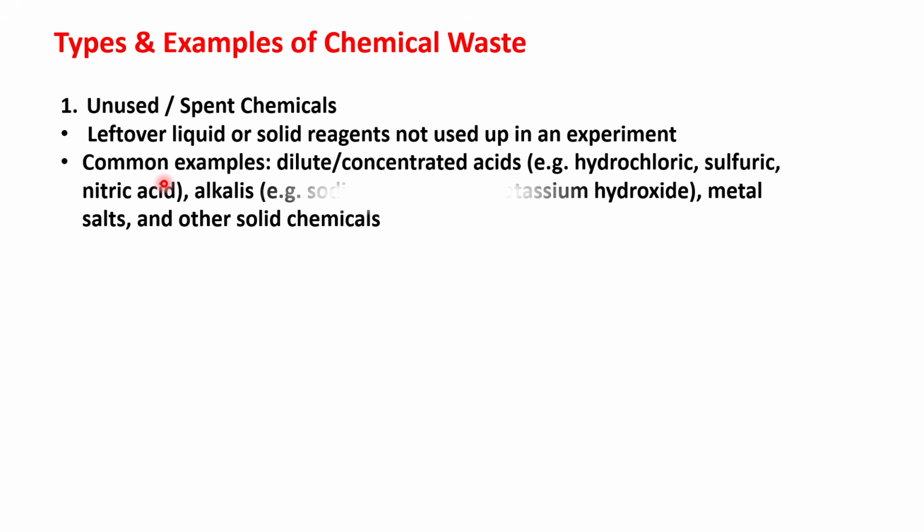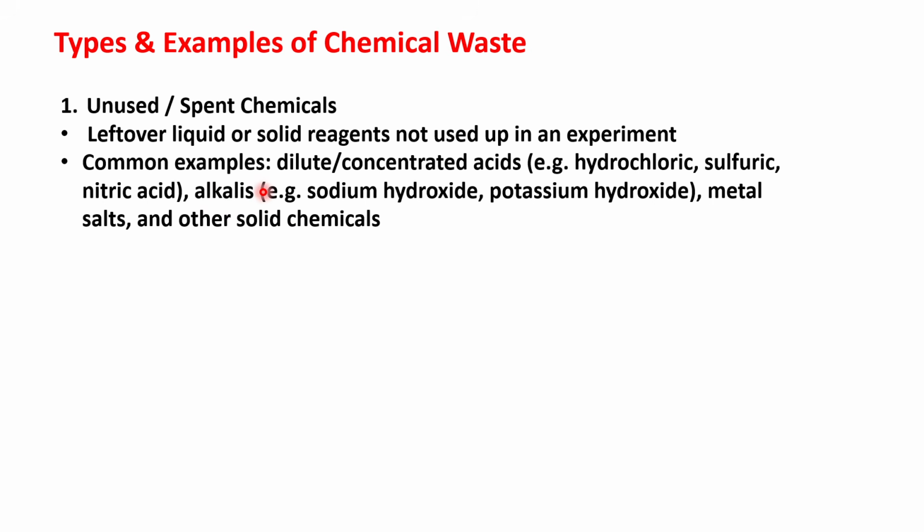Examples of such wastes include dilute and concentrated acids such as hydrochloric, sulfuric, and nitric acids. All these are examples of unused or spent chemicals, especially when they are leftovers in an experiment. They also include alkalis.